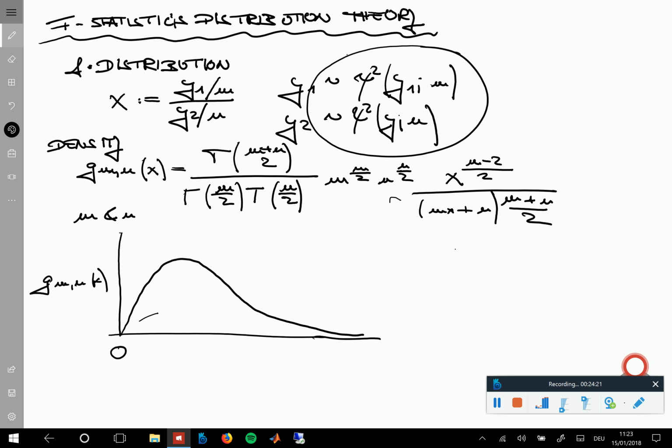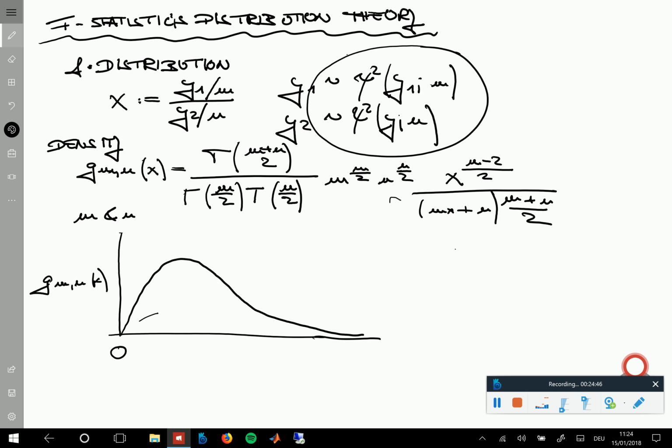Because this is always a sum of squares, so if you have negative deviation, they get squared, and so you get something positive. So for the components of the F statistic it makes sense that they are chi-square distributed, but again, it's not as easy as one would like to have it.